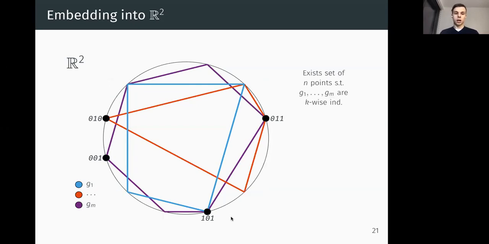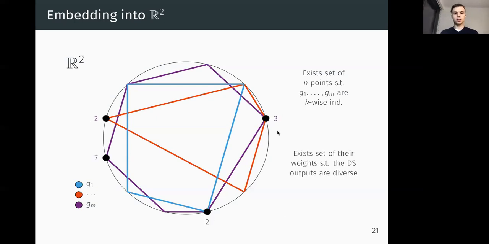Now our previous discussions show that there exists a set of endpoints on the circle. We don't know which ones, but they do exist, such that these outputs, those strings, when you write them into a matrix as columns, this matrix will be k-wise independent for k equal to n over 100.